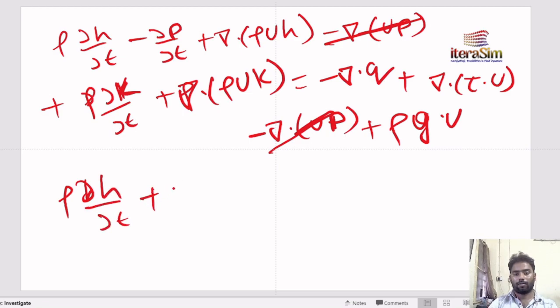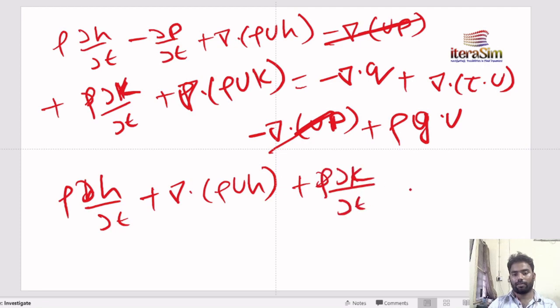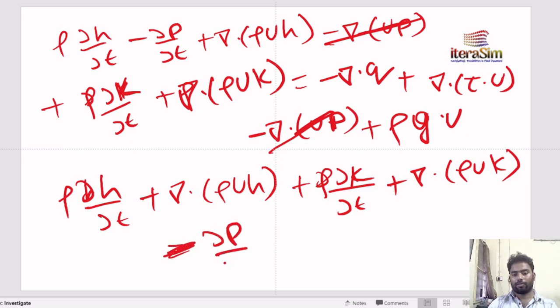Let me rearrange this. Capital K upon small t, and there will be minus del P upon del t. That is generally different from the internal energy.